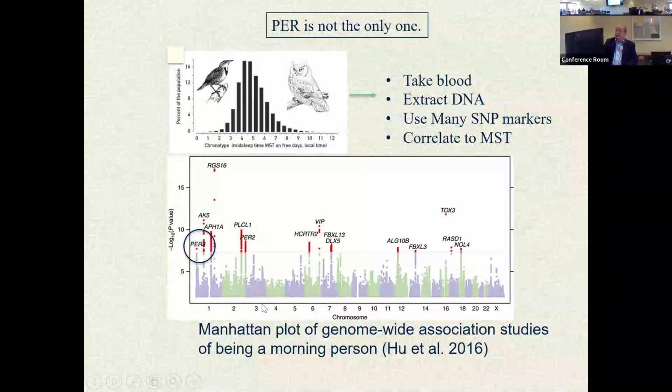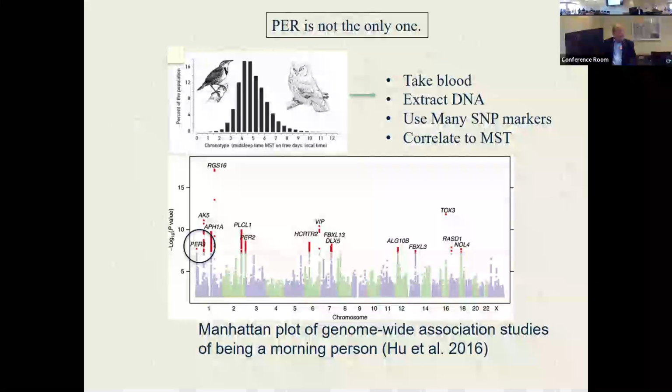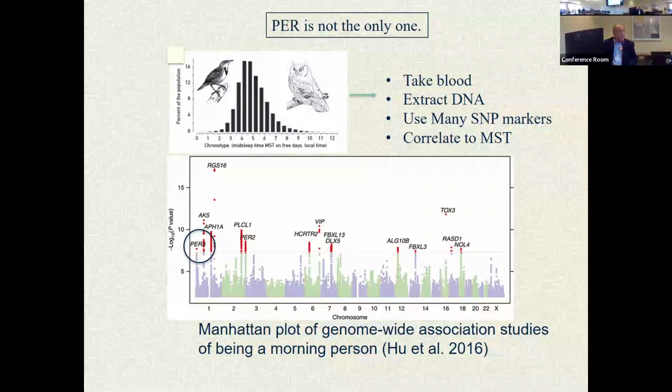A Manhattan plot is where you take all the genes here, and if it's above a certain level, about 8, that is the significance value, 10 to the minus 8 being significant for multiple comparisons, since you have 23 chromosomes and genes that are almost chromosomes. If it's above that, then it's likely to have some significance.